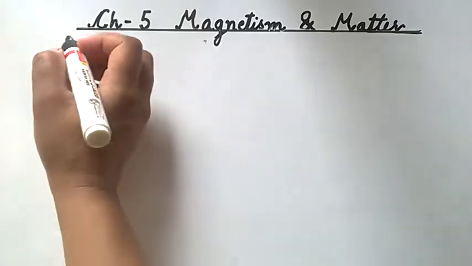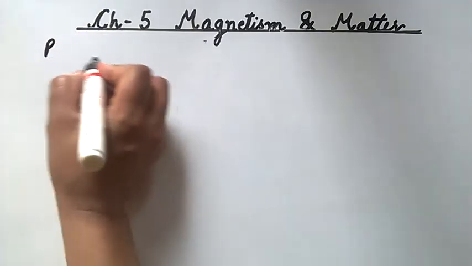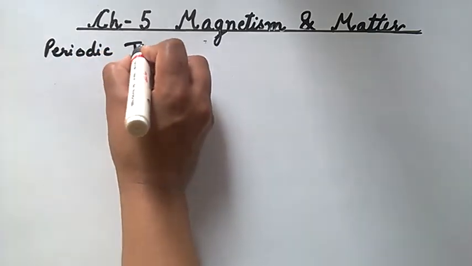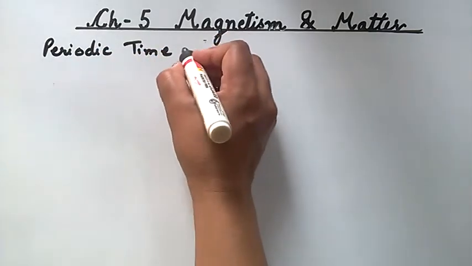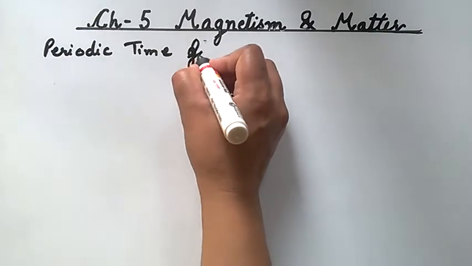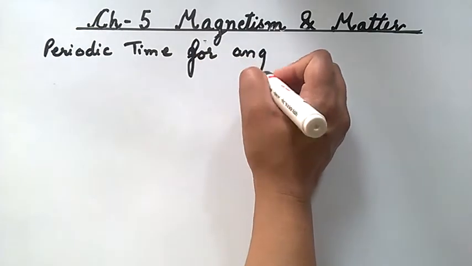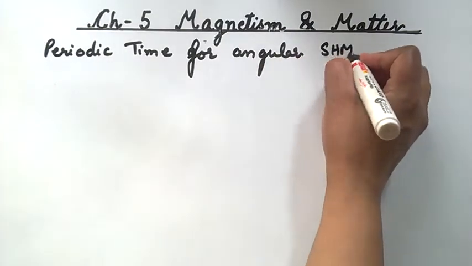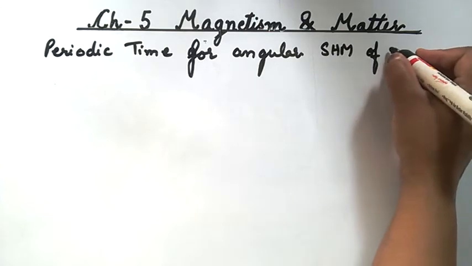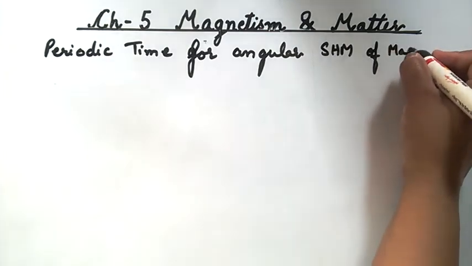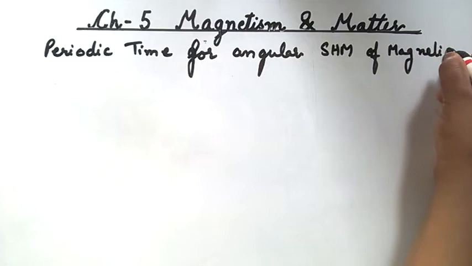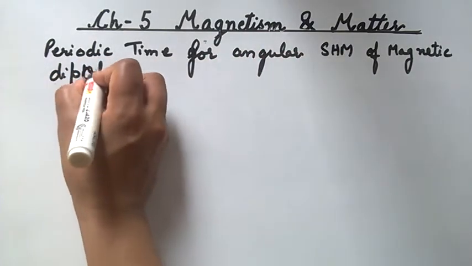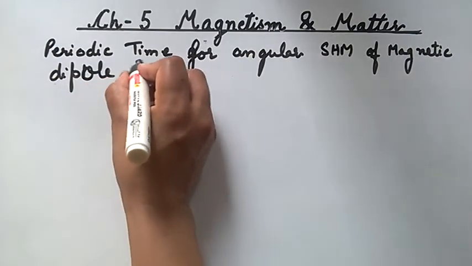Now the next topic is we will calculate the periodic time for angular SHM of a magnetic dipole placed in a uniform magnetic field.